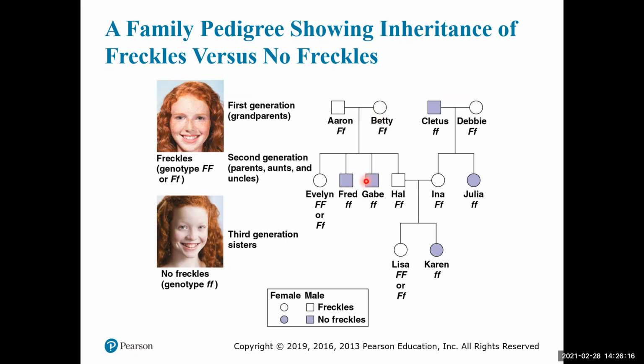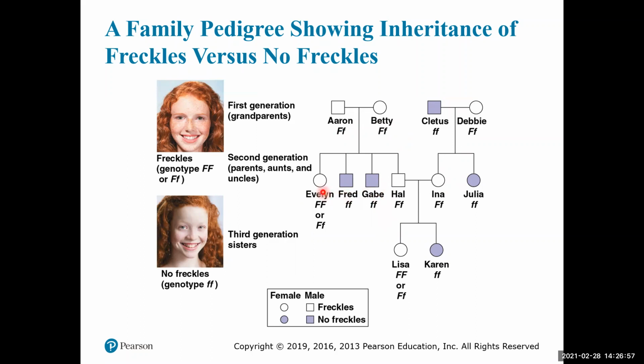And if Gabe does not have freckles, then that means that his genotype has to be homozygous recessive because that's the only way no freckles can show up. And now if he's homozygous recessive, then that means his parents have to both be carriers of that recessive allele, so they have to both be heterozygous, okay? And so anytime you see the phenotype of the recessive trait, you know for a fact that they have that recessive genotype.